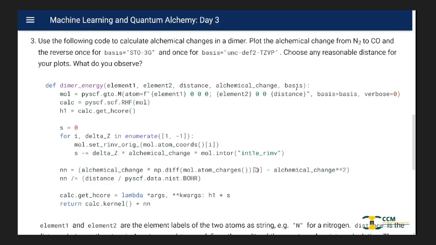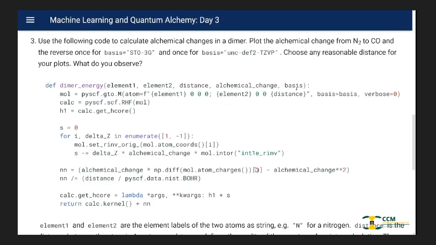It increases the first element's nuclear charge, and it decreases the second atom's nuclear charge by an amount that you specify, so a chemical change. Means if you have N and your chemical change is 1, then what you get is OC. Because you increase the first nuclear charge, you decrease the second.